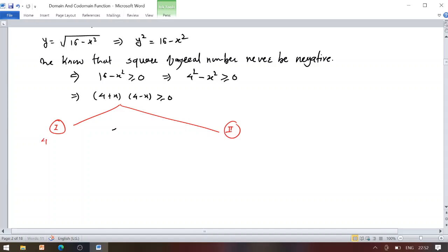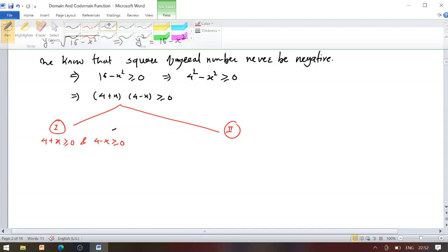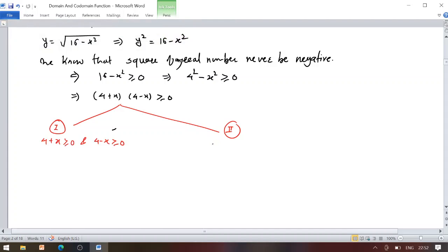So we are having the first case as 4 plus x greater than or equal to 0 and 4 minus x greater than or equal to 0, then the overall multiplication of both factors is greater than or equal to 0. And the second case is of the form, once both are negative, so 4 plus x less than or equal to 0 and 4 minus x less than or equal to 0, then ultimately the product of any two negative numbers becomes positive.